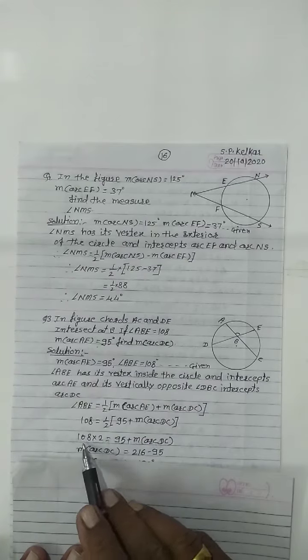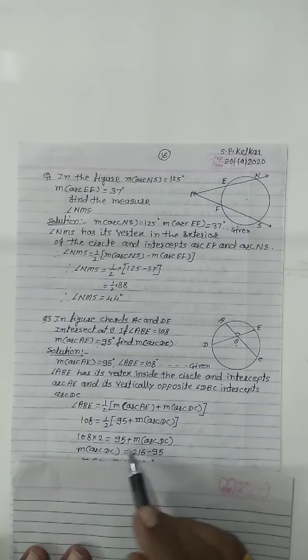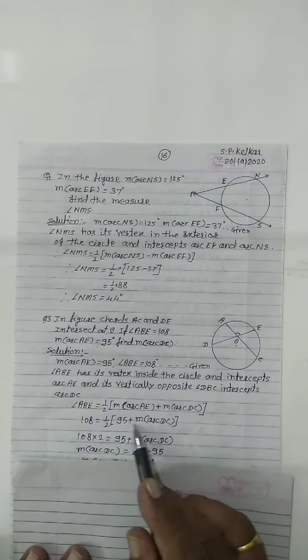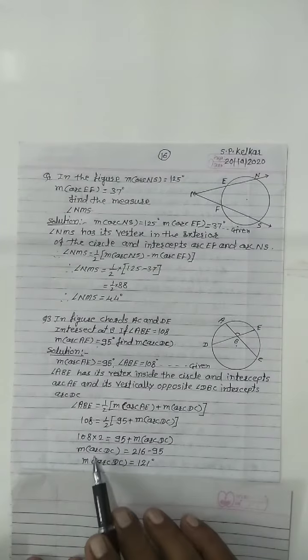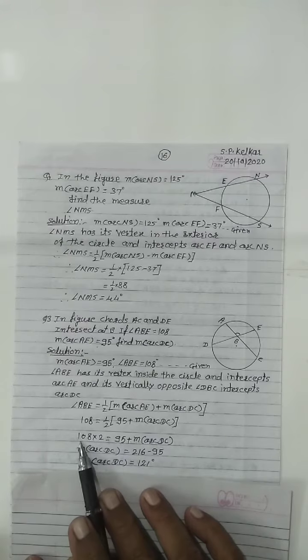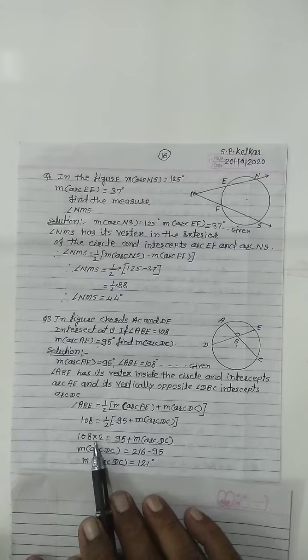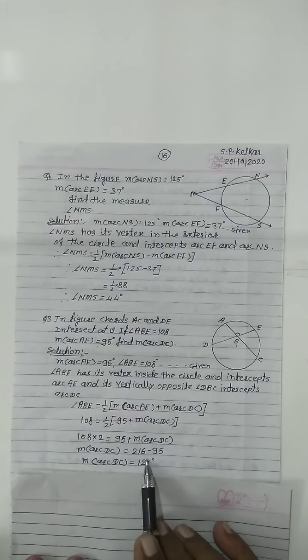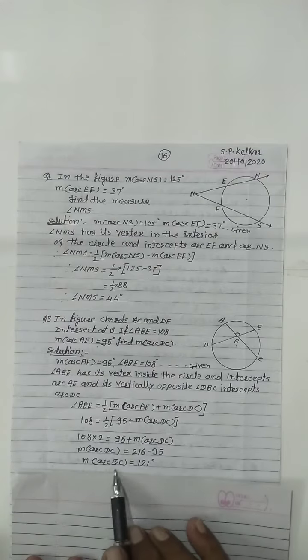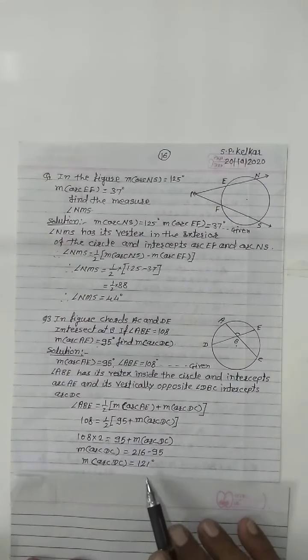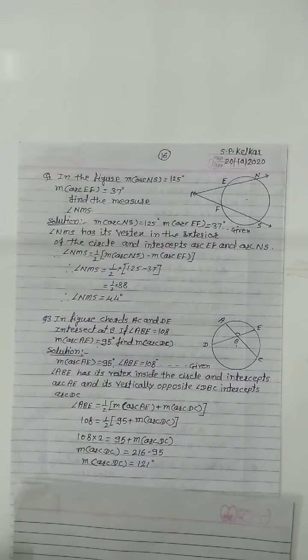Then 108 into 2 equal to 95 plus measure of arc DC. Then measure of arc DC equal to the product of these two numbers, 216, minus this 95. Then measure of arc DC equal to 121 degrees.